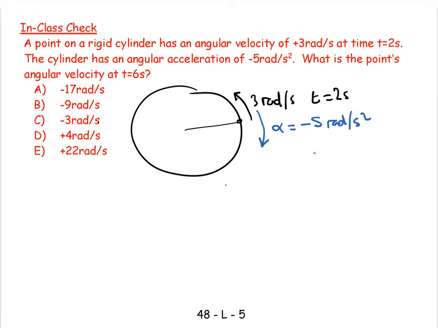What is the angular velocity after 6 seconds? Let's assume I'm here, t is equal to 6 seconds, and I want to know my omega final.